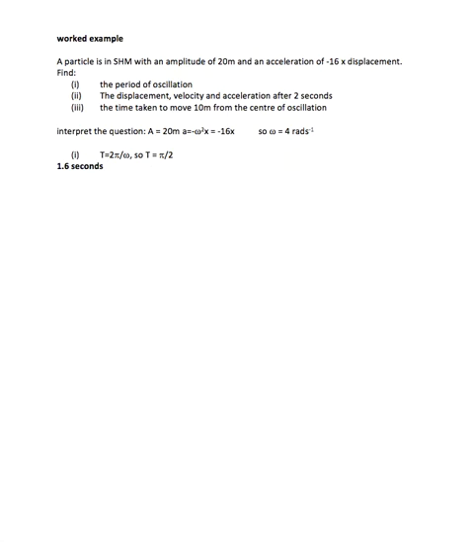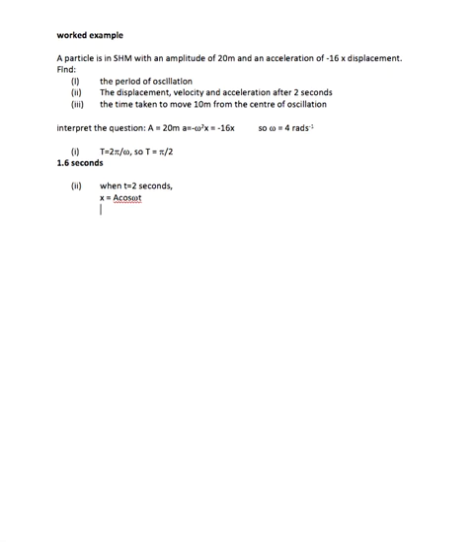Part 2, displacement, velocity and acceleration after 2 seconds. Well, we know that x equals A cos omega t, and we know A, and we know omega, so we can stick our numbers in there.